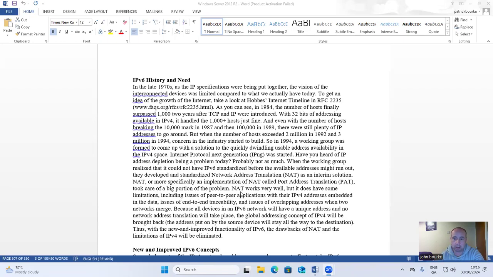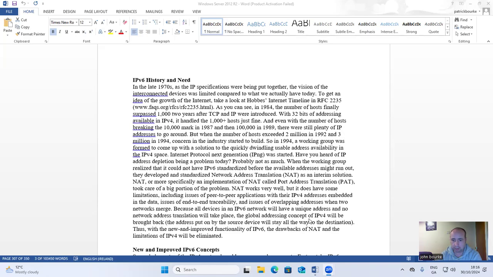NAT works very well, but it does have some limitations, including issues of peer-to-peer applications with IPv4 addresses embedded in the data, issues of end-to-end traceability, and issues of overlapping addresses when two networks merged, because all devices in an IPv6 network will have a unique address and no network address translation will take place.